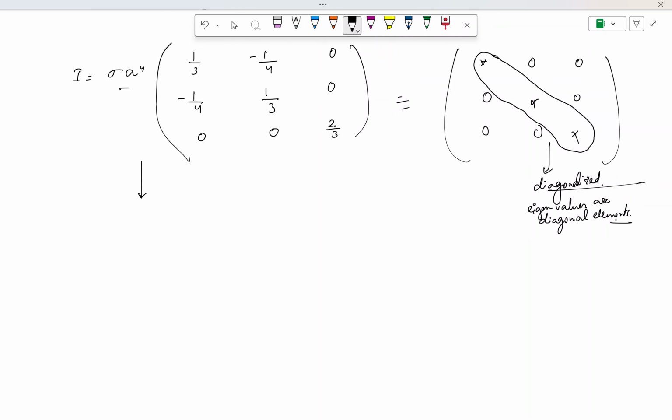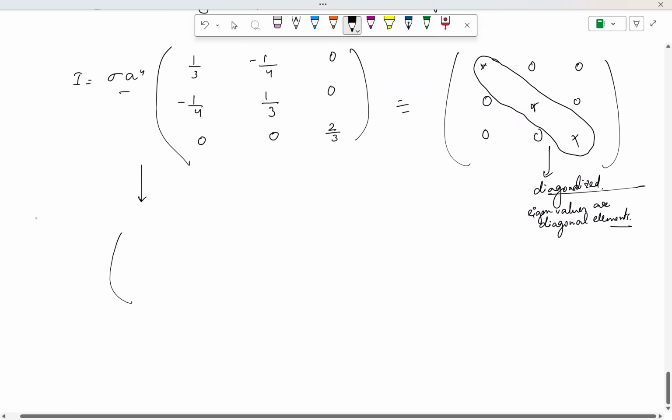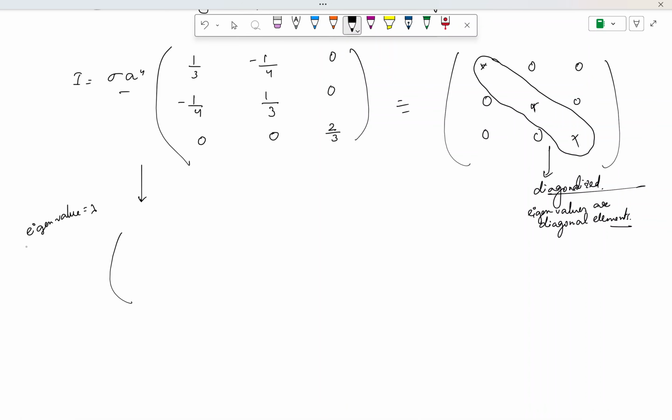So if that is the case, we can simply solve the typical math problem of how we calculate the eigenvectors and eigenvalues for a matrix. In this case, let's say the eigenvalue is lambda, your matrix is I, and your eigenvector is, let's say, u vector.